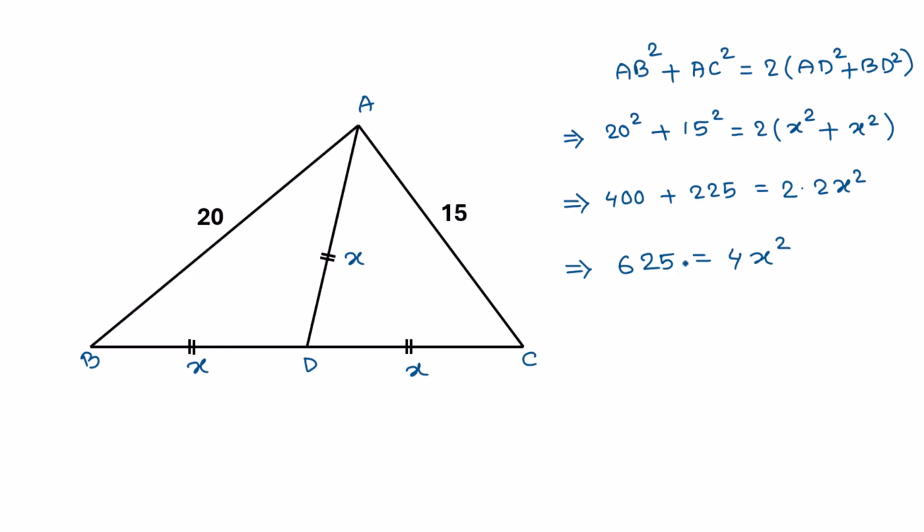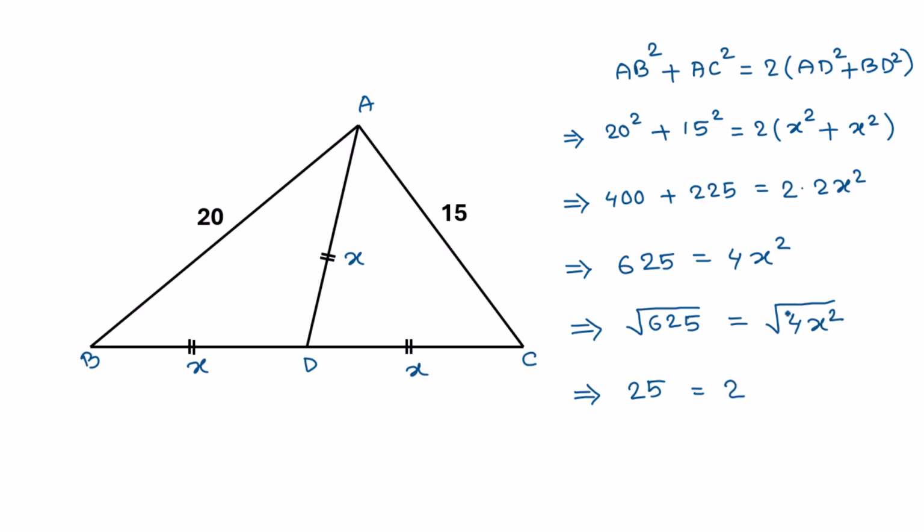Now taking a square root on both sides, we can write square root of the left side, 625, is equal to the right side, square root of 4x square. Square root of 625 is 25 is equal to square root of 4 is 2 and square root of x square.